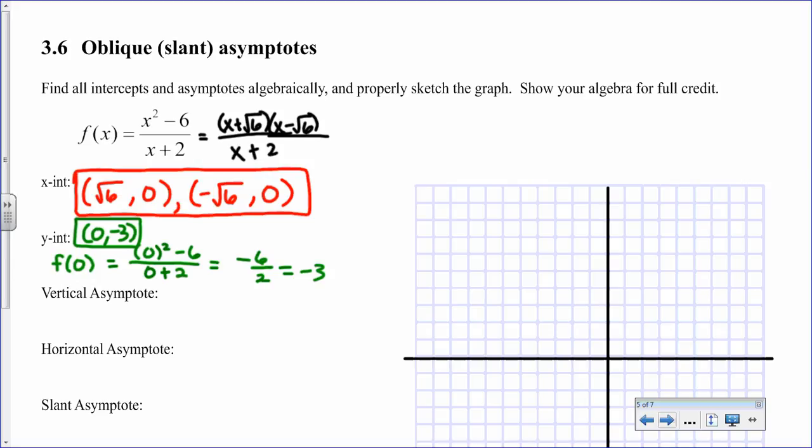Vertical asymptote. So it's the zeros of the denominator, what x can't equal. So the equation of my vertical asymptote would be x equals negative 2.